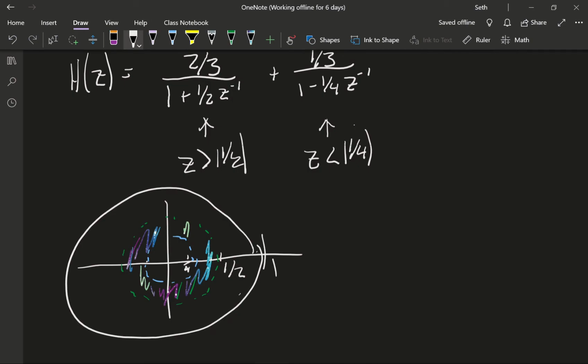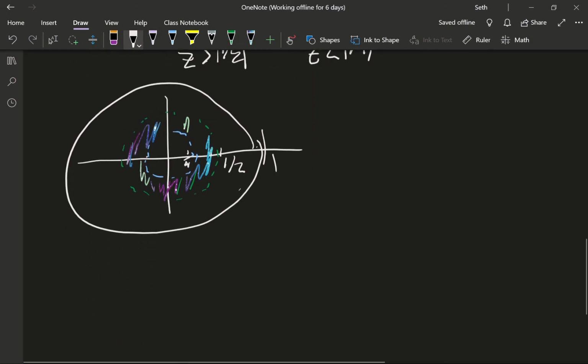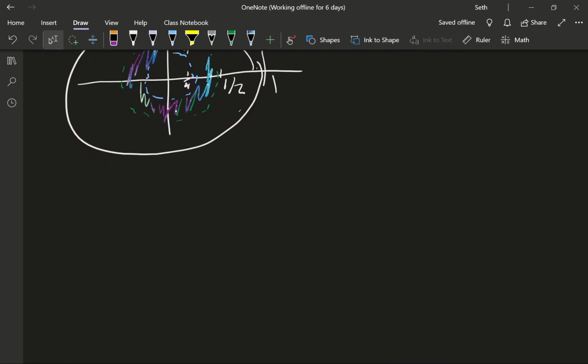Okay, part C asks us to find the impulse response if it is a right-sided signal.